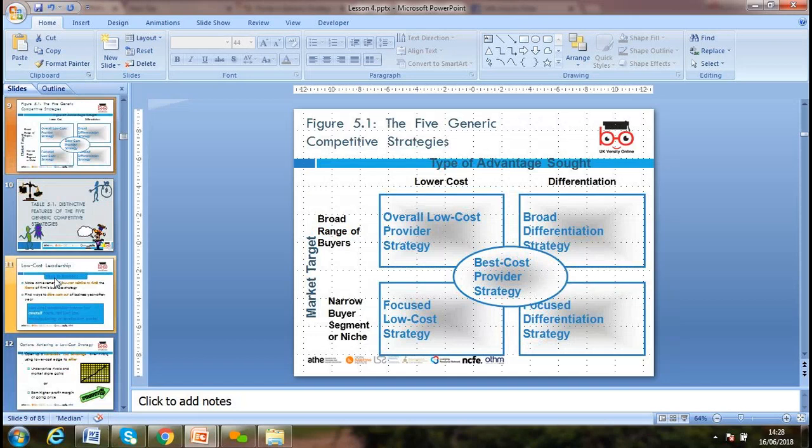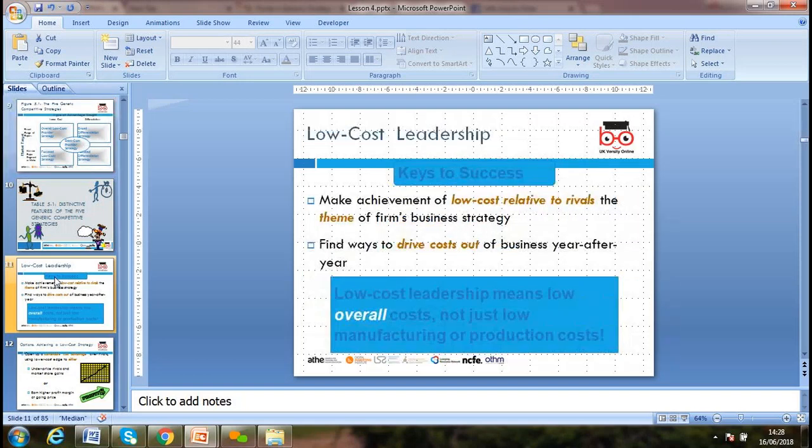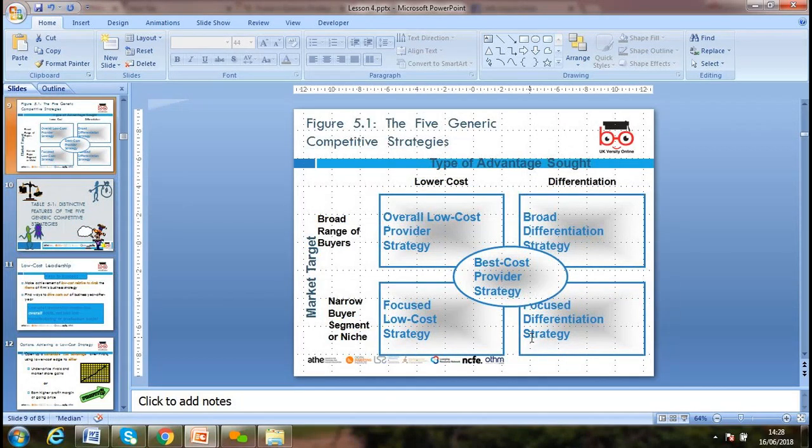According to Porter's five generic strategies, we can pursue overall lower cost, broader differentiation, focus on lower cost, and focus on differentiation, as well as best-cost provider. We can look at all of these.